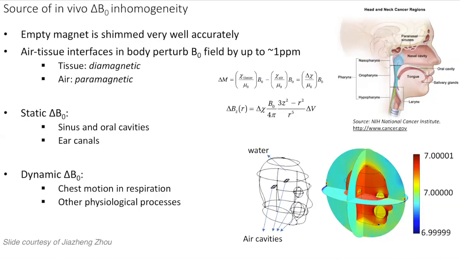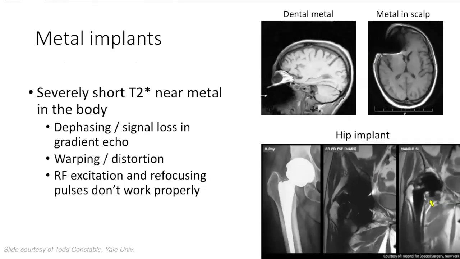And so, you have these variations in B0 in your object of interest, and that's going to create some artifacts as you're scanning. Metal implants, for example, are a very extreme case. If the difference in air and tissue is only 1 ppm, then when you have something like a hip implant present with titanium, that's 182 ppm.